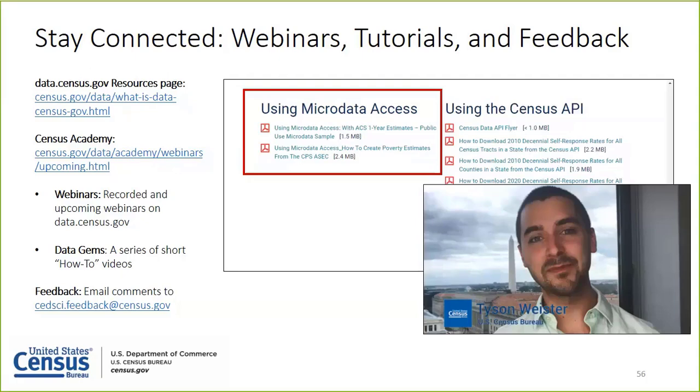My question is, for CPS data, can you pull in several months like you can in DataFerrett, and it will give you like a rolling average? That's a great question. We currently do not have that functionality on MDAT, data.census.gov/MDAT. We've received a lot of comments about it, so it'll definitely go into the overall feedback and something that we can put on our wish list to give to users.